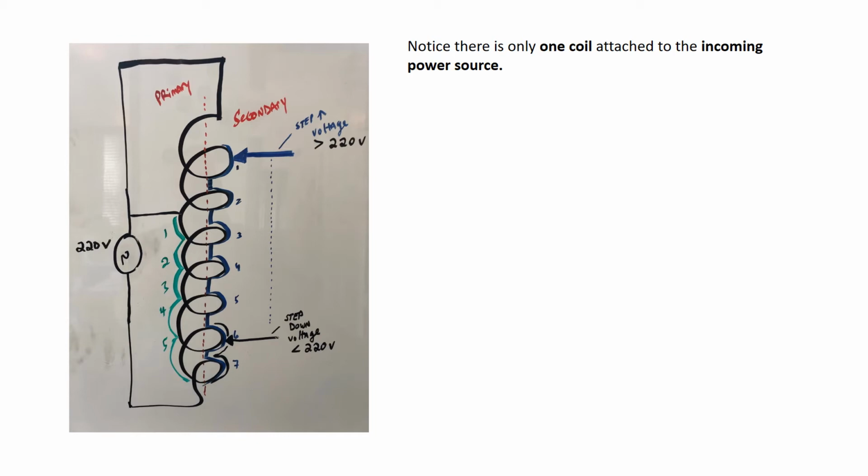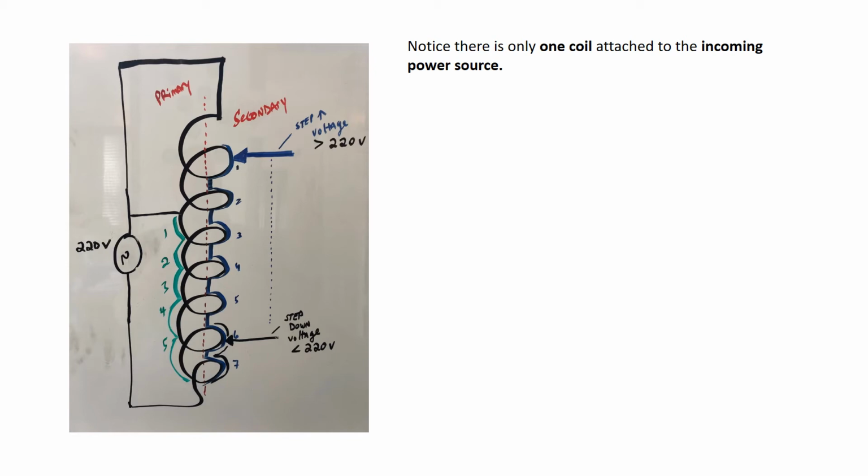If we look at this autotransformer, let's look at the thick arrow. And remember, I'm looking at the one coil and I'm looking on the right-hand side. So when we have the thicker arrow, position number 1, I've got 1, 2, 3, 4, 5, 6, 7 coils tapped off.